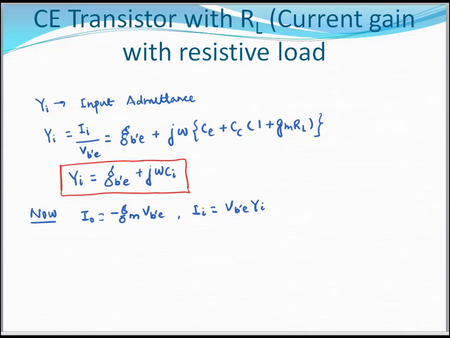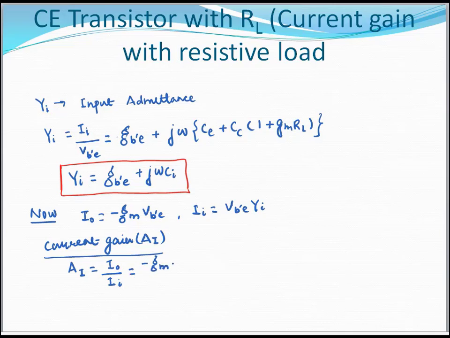Now we can find the value of current gain here. So we can write here the current gain Ai, and Ai is equal to I naught by Ii, and this is minus of Gm by Yi, or we can put the value of Yi.